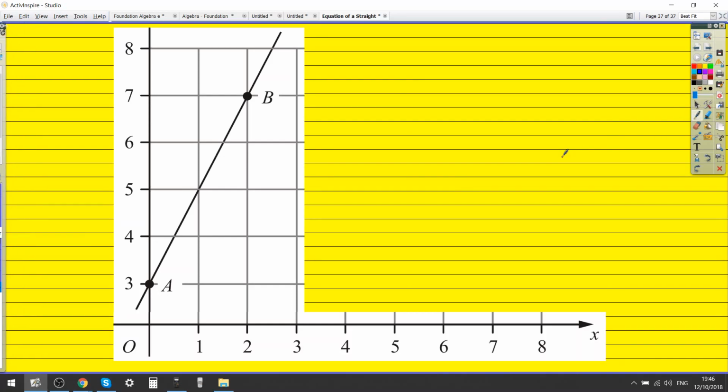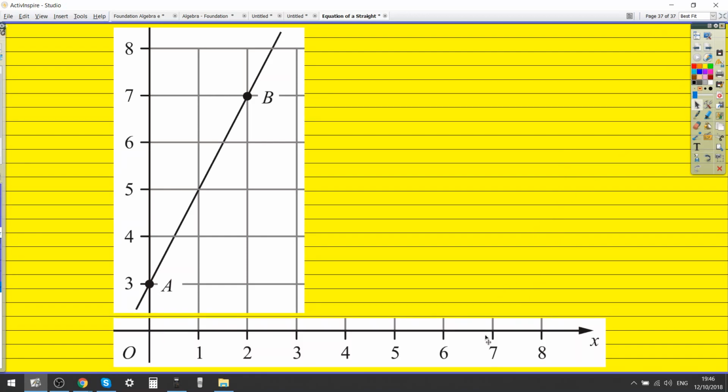So a is 0, 3 and b is 2, 7. And the difference between 0, 3 and 2, 7 is 2, 4. Oh, yeah, 2, 4.